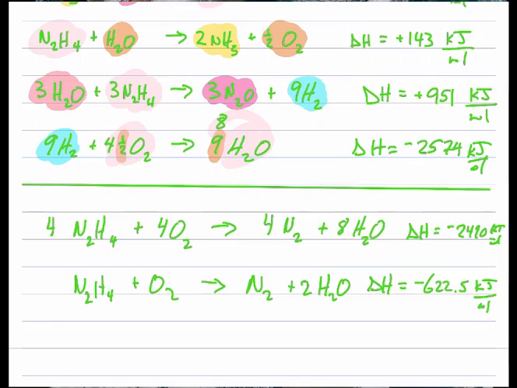So what that says is that for every mole of hydrazine that we burn, we get 622 kilojoules. For every mole of oxygen that we use to burn, we get 622 kilojoules. For every mole of nitrogen that we produce, we get 622 kilojoules, and for every 2 moles of water that we produce, we get 622.5 kilojoules per mole.